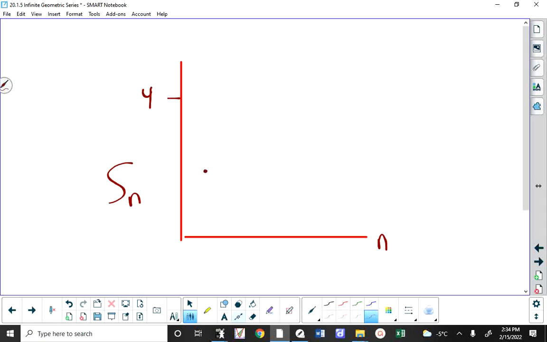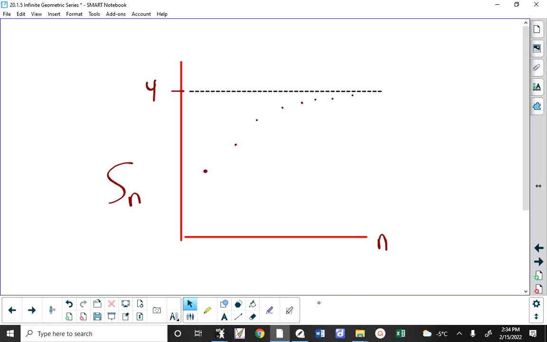And then when we add the next term, we get to 3.5, and then we get to 3.75, and then we get to 3.8875, and what's happening is the value of the number is growing more and more, but it's never reaching 4. It keeps getting closer and closer to 4, but it never reaches 4.